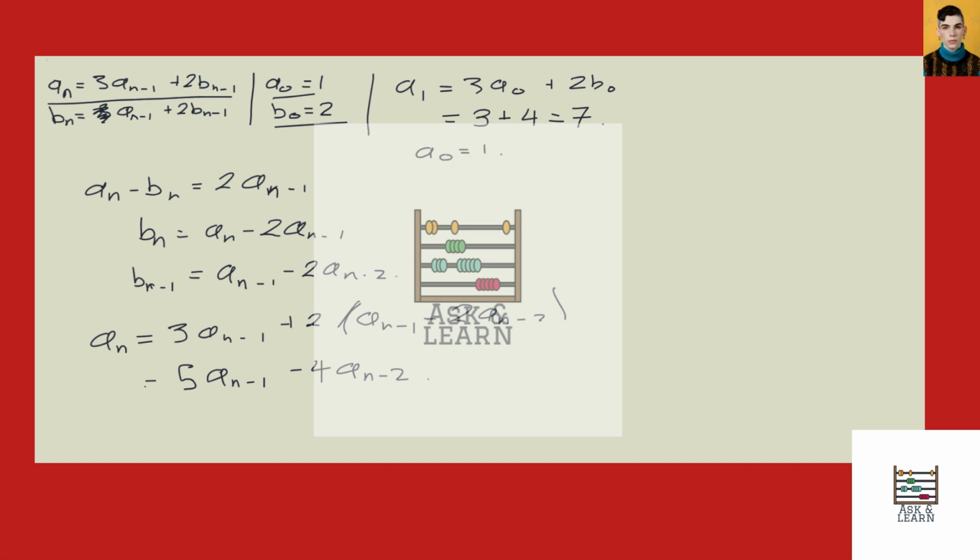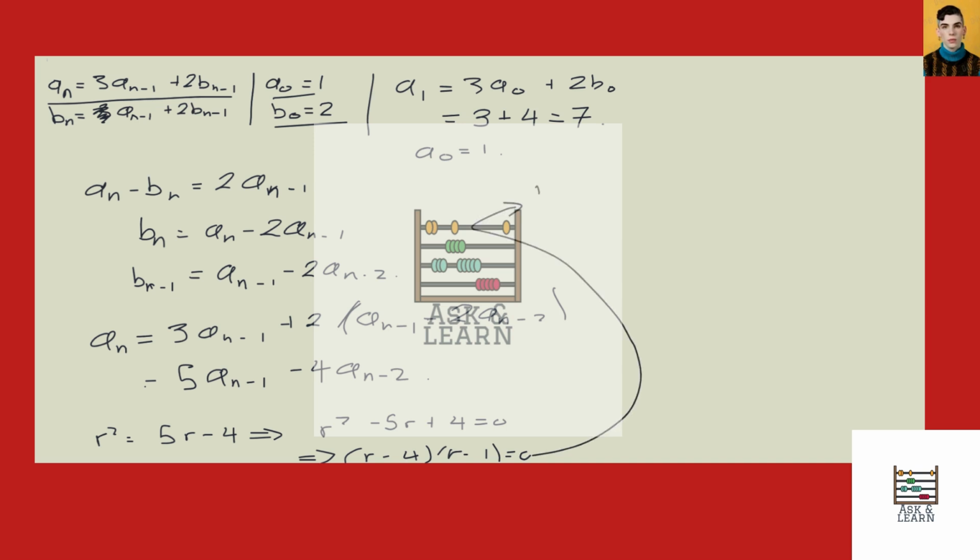Then once again, we can start using our characteristic equations. The characteristic equation for a sub n is r squared equals 5r minus 4. So you have r squared minus 5r plus 4 equals 0. Factorizing, you have (r minus 4)(r minus 1) equals 0.